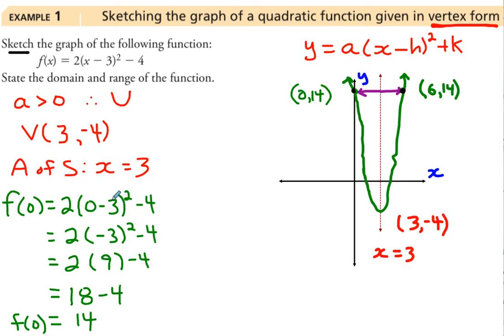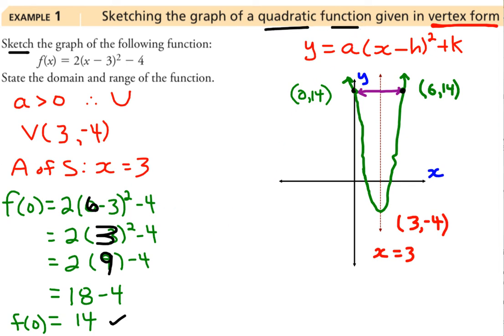That means if we put 6 in for x instead of 0, we would have 6 subtract 3, which would be 3. And when we square that, we get 9. So of course the rest of this will be the same, and that makes sense that we get the 14 again. And that's what happens all the time when we're working with a quadratic function.